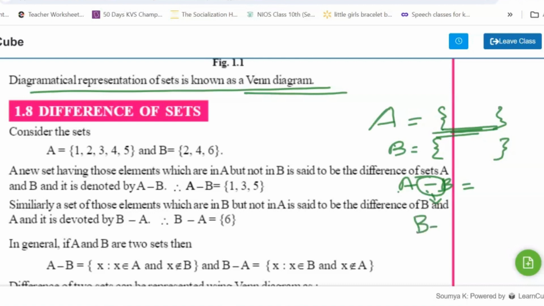The same way, if you have B minus A, you take the elements of B and subtract the elements of A from B. It is the set having those elements which are in A but not in B.